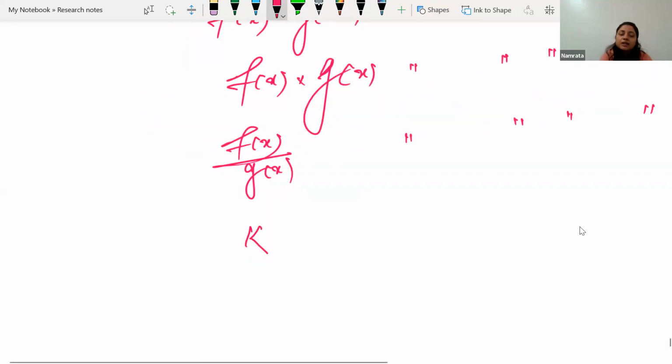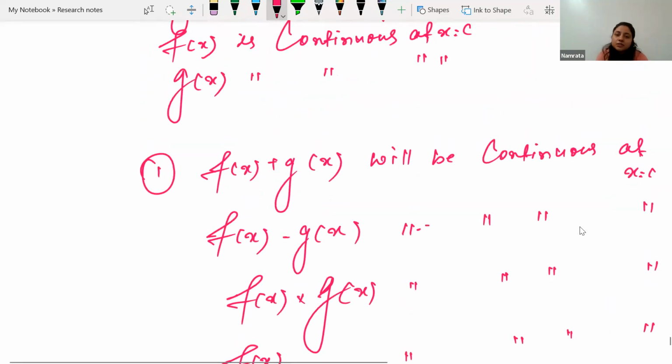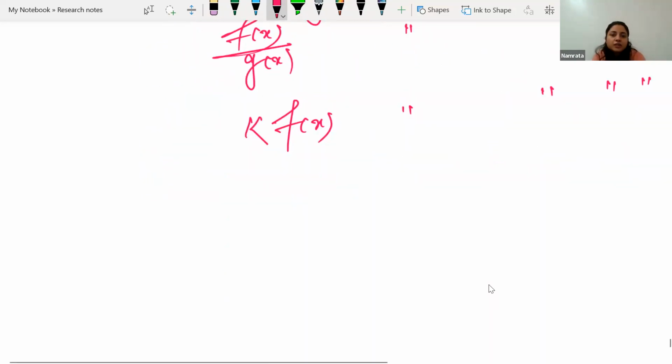And if you multiply with any scalar k, k of f of x or k of g of x will also be continuous at x equals c. So we can use this property.